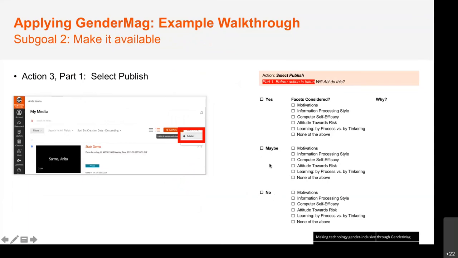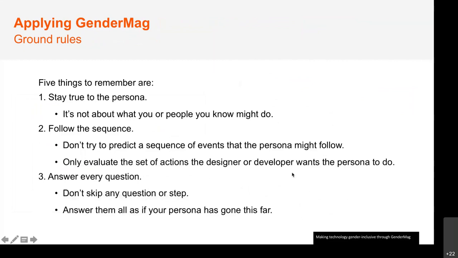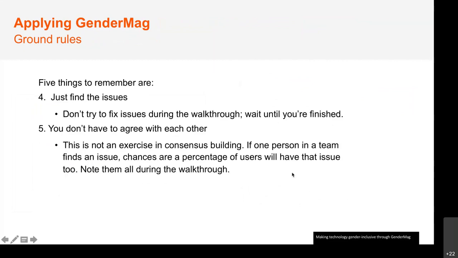All of the no's indicate a gender inclusion issue, and also some of the maybes where there's potentially a problem and you might want to dig a little bit deeper. So it doesn't matter whether everyone agrees that that is a problem. It's very likely that if one person in the team thinks that that is a problem, then probably it's a problem for at least one user or potentially more.